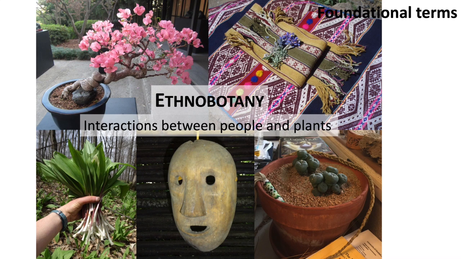And spirituality, represented here by peyote, a psychoactive cactus with strong cultural significance to numerous indigenous people of Mexico and the American Southwest. Obviously, there are many more forms of interactions, and these different types of interactions often overlap. In this course, we'll be focusing in particular on ethnobotany in the spheres of food and human health.